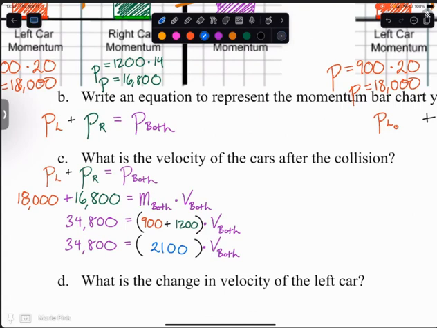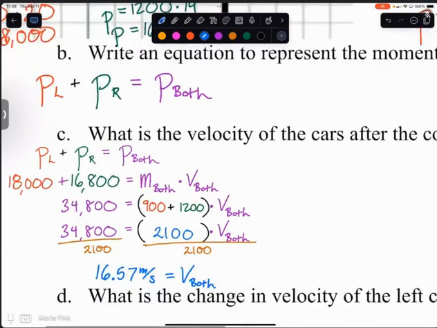Now I've got an equation that I can solve for the velocity. So because it's 2100 times the velocity, I'm going to go ahead and divide by 2100 because that's the opposite of the multiplication. And I get a velocity of 16.57 meters per second.